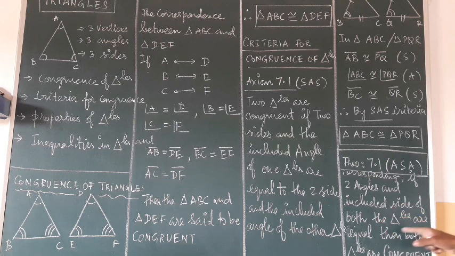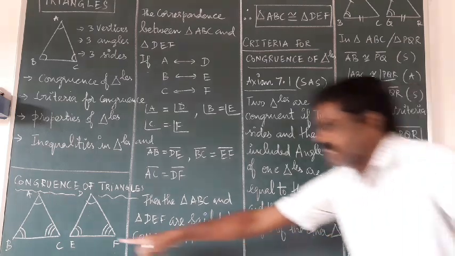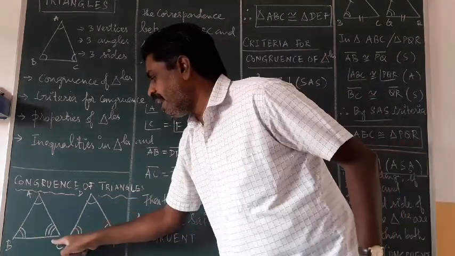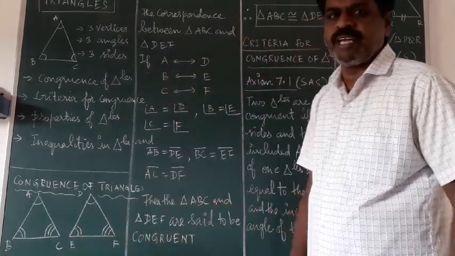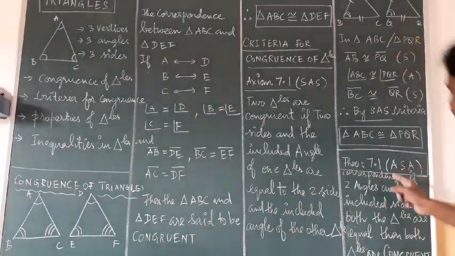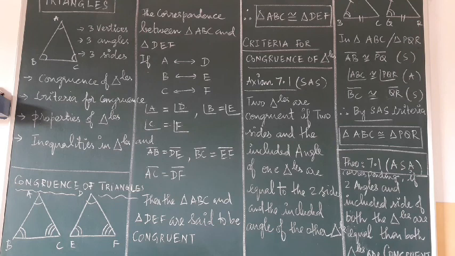In two triangles, if two angles of the first triangle and two angles of the second triangle are equal, and the included side between those two angles, like BC and EF, are also equal, then the angle, side, angle criteria exists. That means both triangles are congruent.